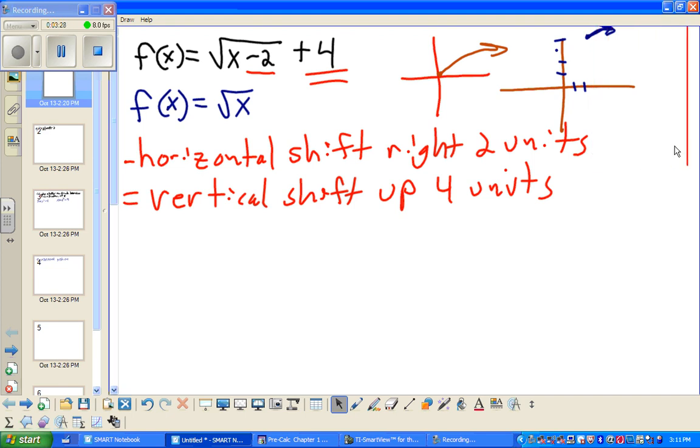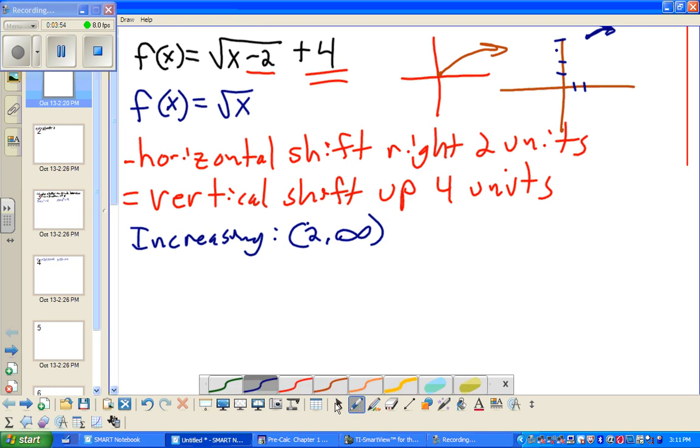Well, it's going up, and it's going to continue to go up forever in its domain, so we are going to be increasing and never decreasing, and the interval would be from 2 to infinity.